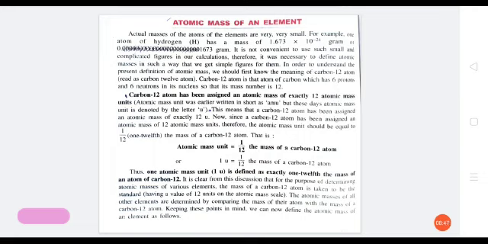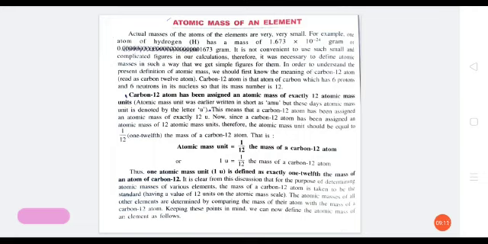The reason is it has 6 protons and 6 neutrons, and it is the only element which has an equal number of protons and neutrons. It is summarized that the carbon-12 atom has been assigned an atomic mass of exactly 12 atomic mass units.